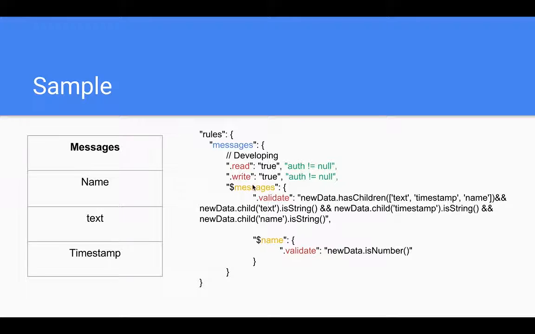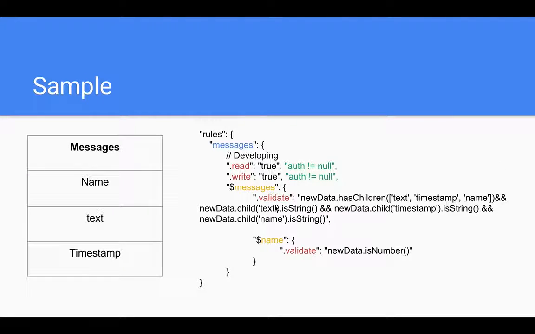Further down, I'm using the wildcard messages, which further evaluates what's contained in this messages dictionary, I guess, or nodes, what this node should contain, for example. So I'm using the validate. I could also use the read and the write on the messages inside the messages wildcard, but let's just use the validate.